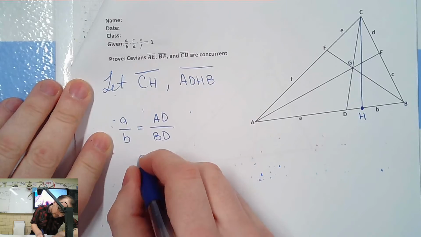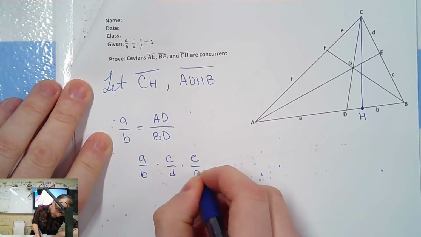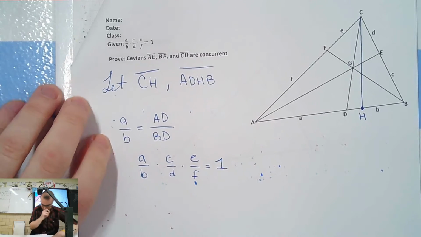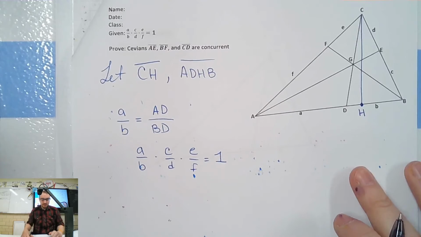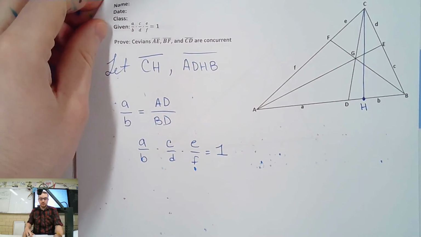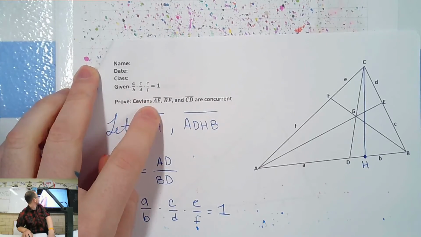And I know A over B times C over D times E over F equals 1. That's given to us. We're proving that these are concurrent.